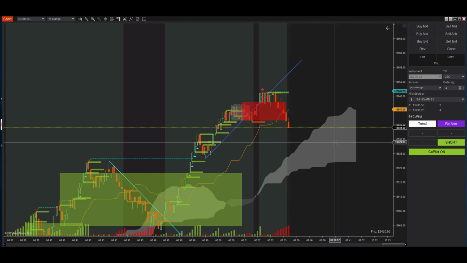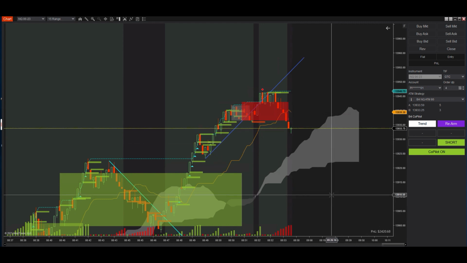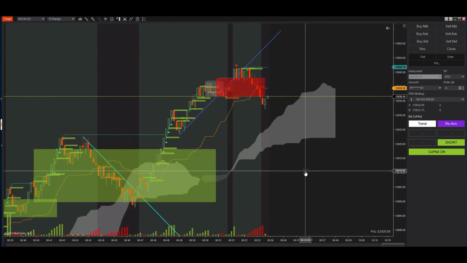Senkou Span A going down there. We're below the Kijun-sen.